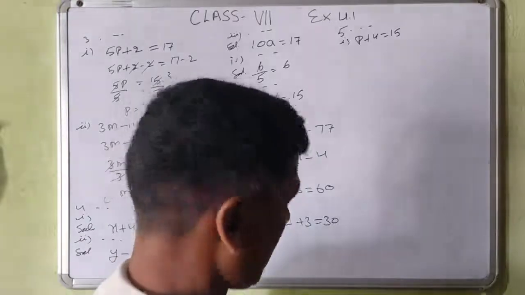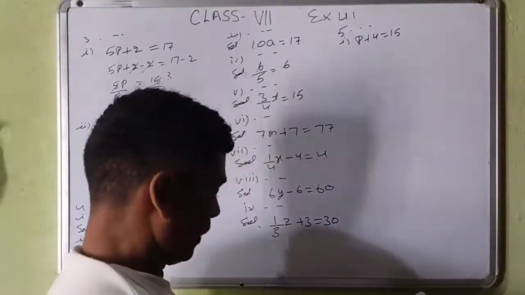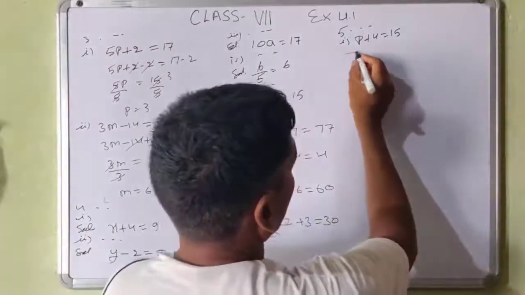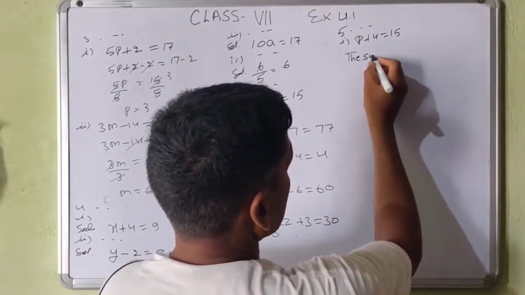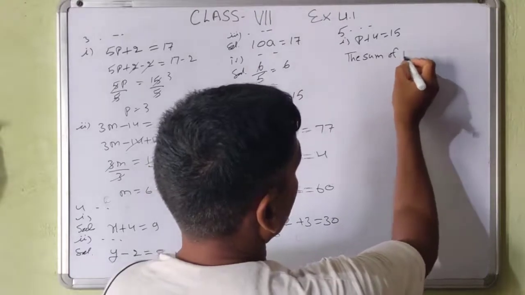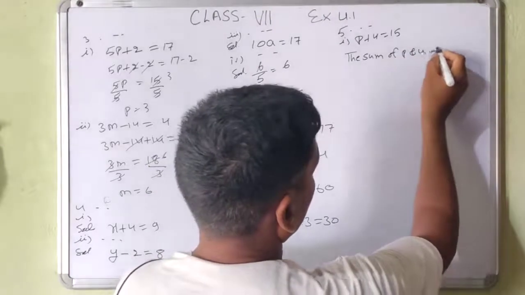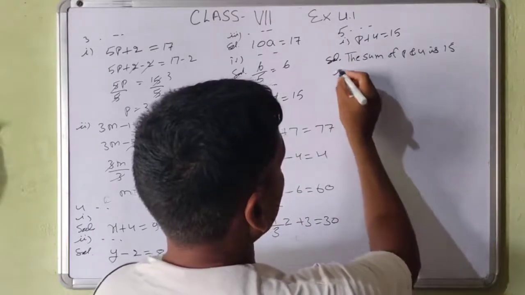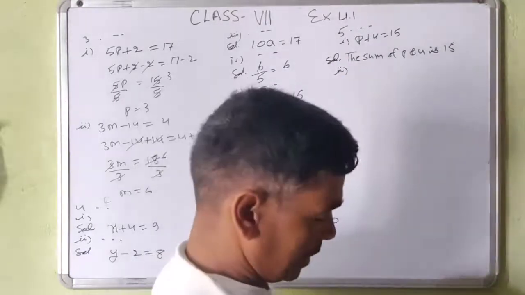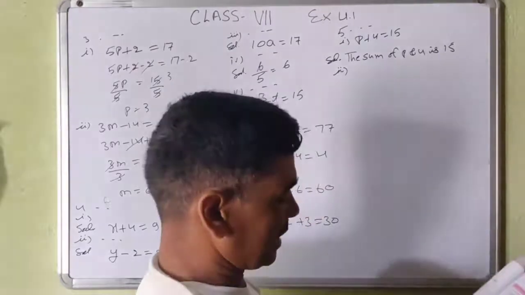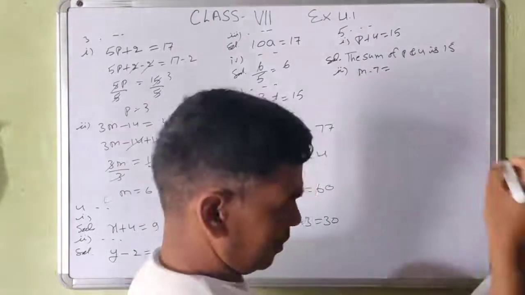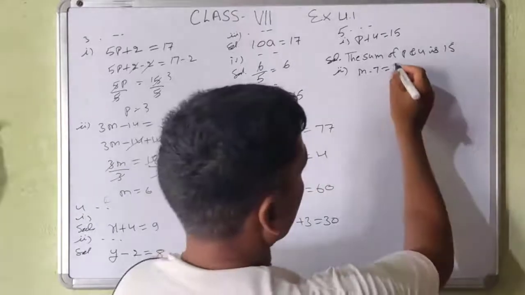So here we will write: the sum of P and 4 is 15. This is the statement. Second part, M minus 7 is equal to 3.